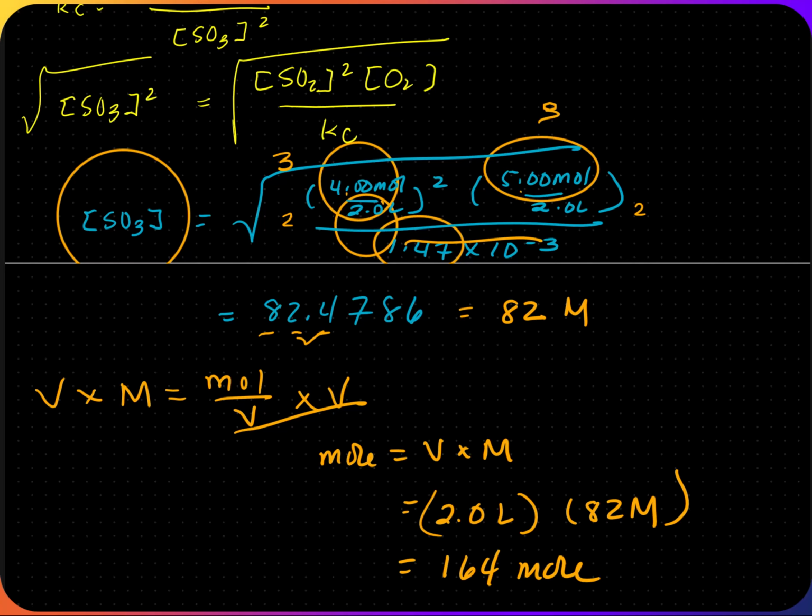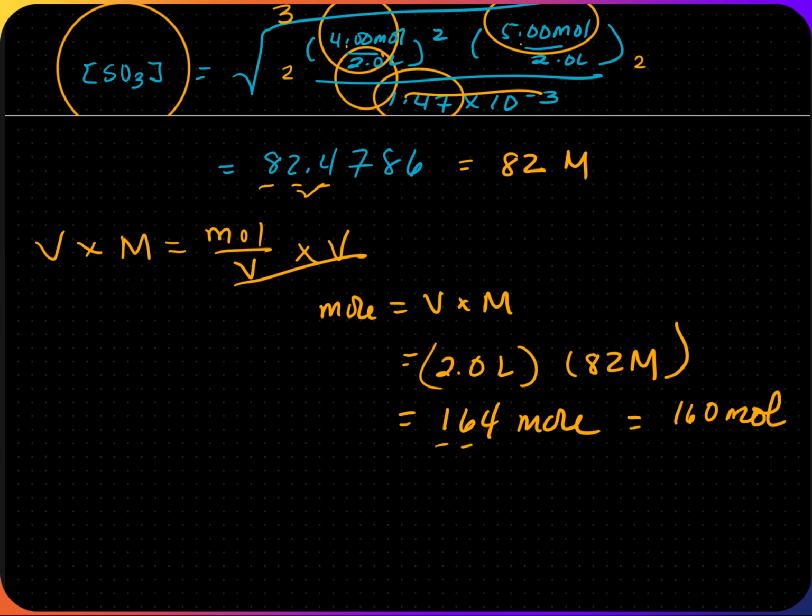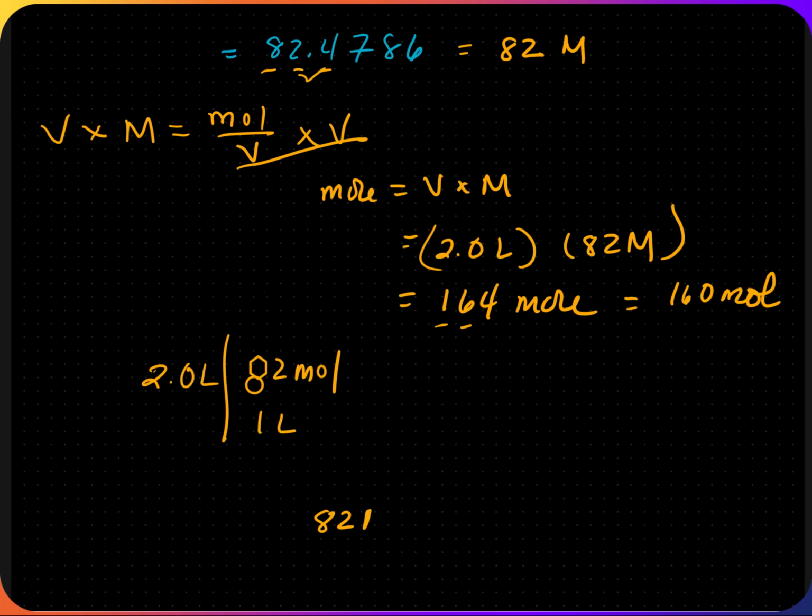With sig figs, there will only be 2, so this is going to equal 1 times 10 to the 2 moles. Or you could use dimensional analysis. There are 2.0 liters and there's 1 liter to 82 moles. Remember, when we have 82 molar, that's the same thing as saying there's 82 moles per 1 liter of solution. So it becomes a conversion factor.